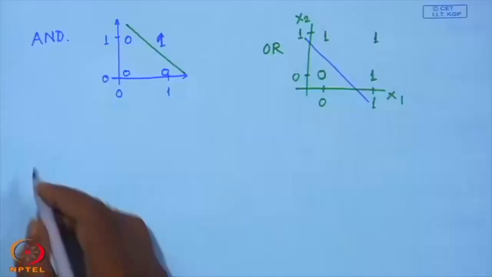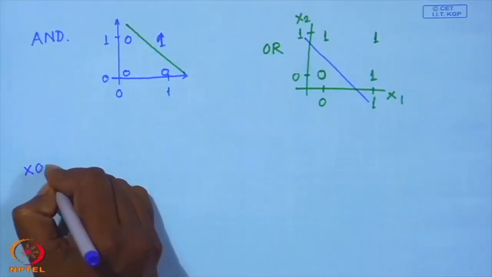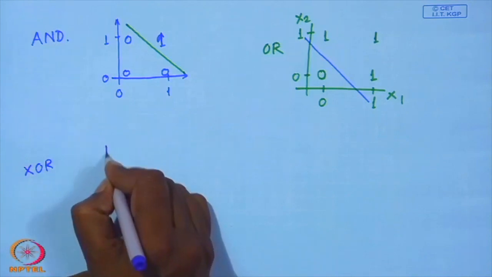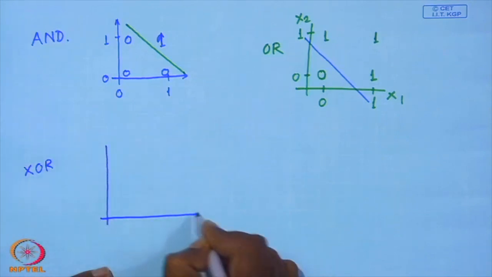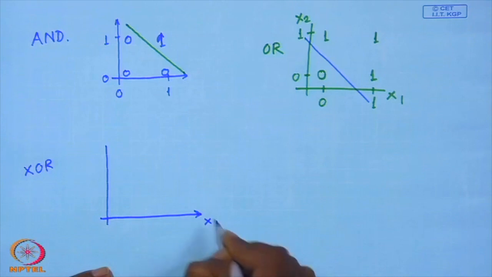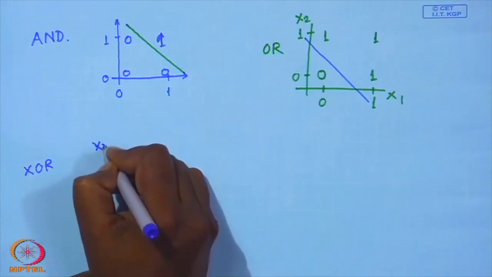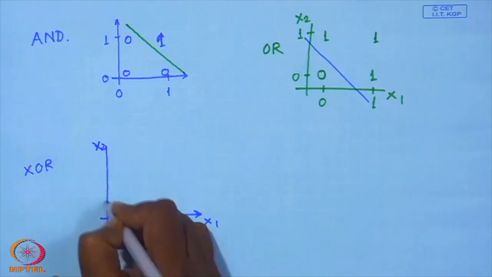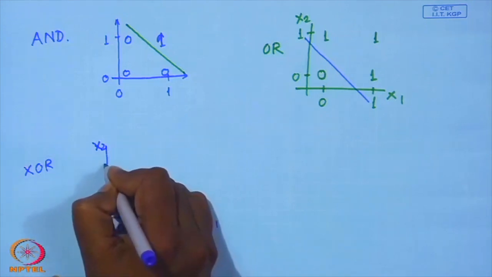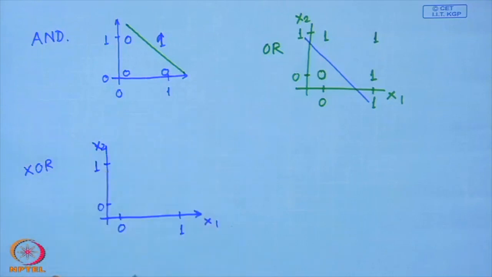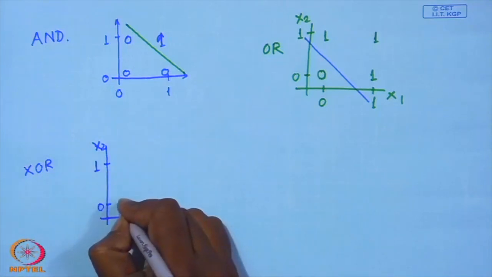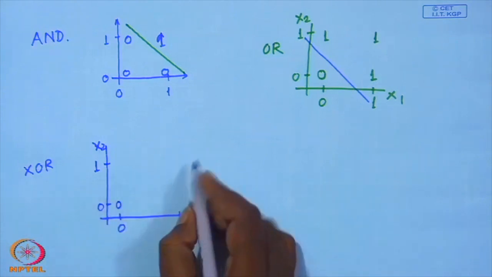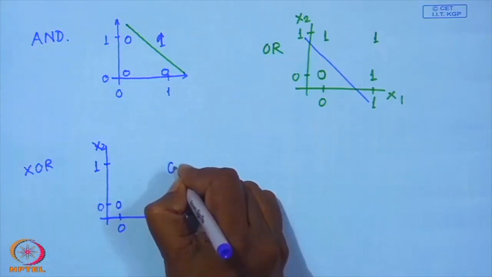But we have faced difficulty in case of XOR function. So, in case of XOR function, if I put it in the same fashion, I have x 1, x 2, 0, 1, 0, 1. So, when the input is 0, 0, the output is 0. When the input is 1, 1, output is also 0.